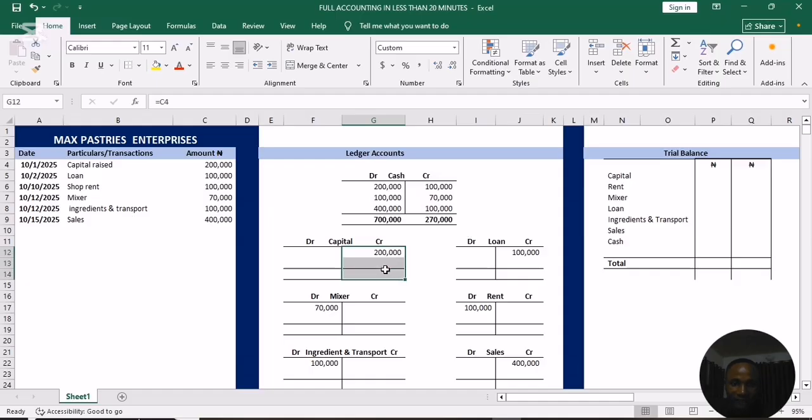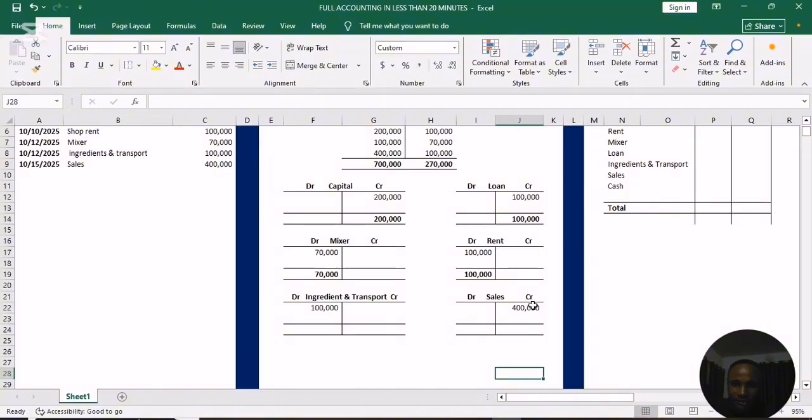We only have a total of 200K. Here likewise 100K. Then we are trying to balance up the individual accounts. 70K at the mixer, then the rent. You have your total, hit your summation right here. So let's pull down a little.